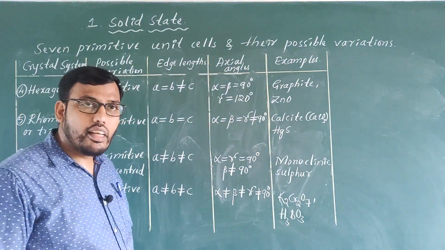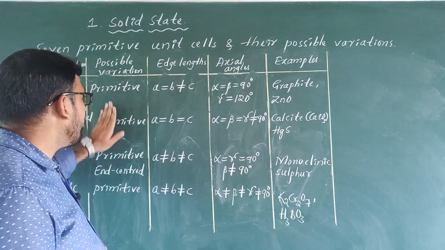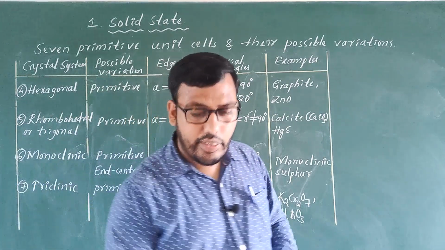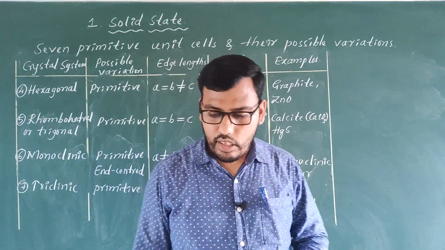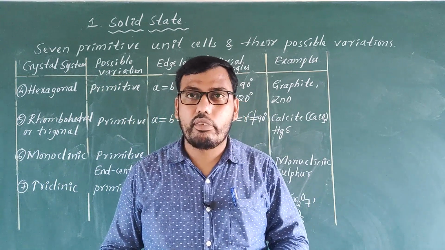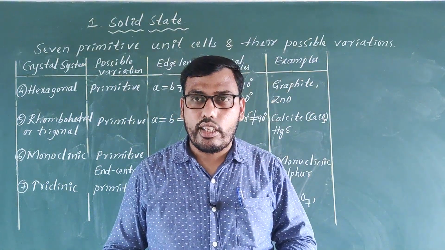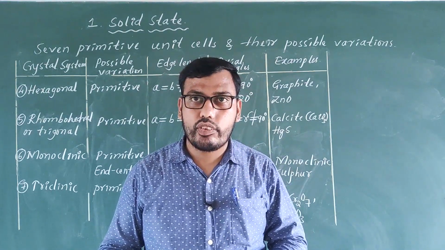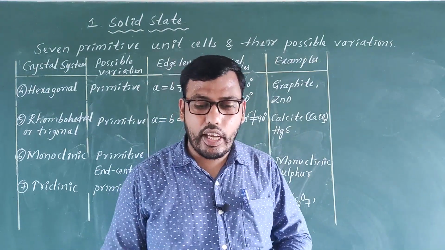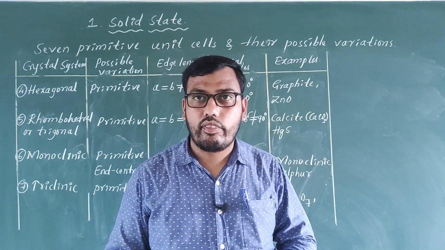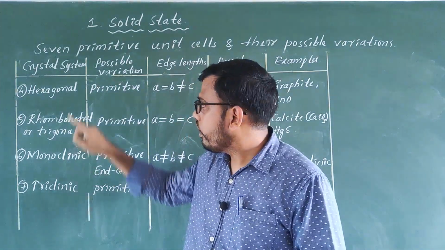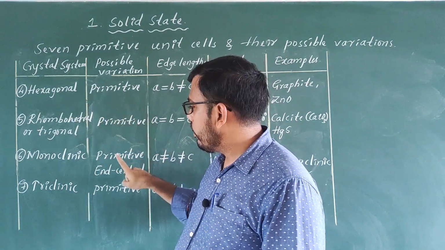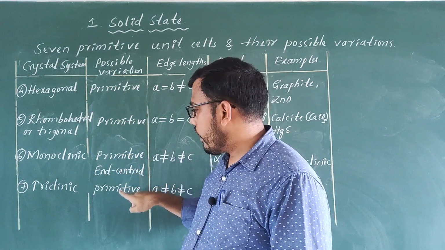So students, if you calculate all possible variations, in the cubic system we have 3 possible variations. In the tetragonal system we have 2 possible variations, 3 plus 2 is 5. In orthorhombic there are 4 possible variations, 5 plus 4 is 9. In hexagonal 10, 11, 12, 13 and 14.